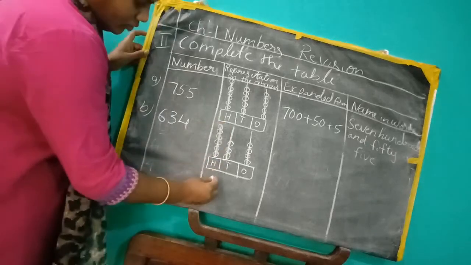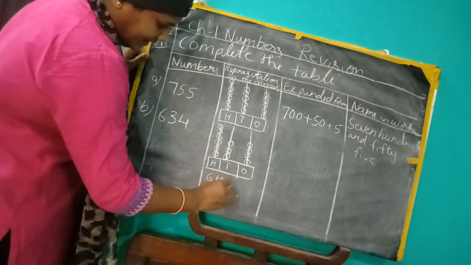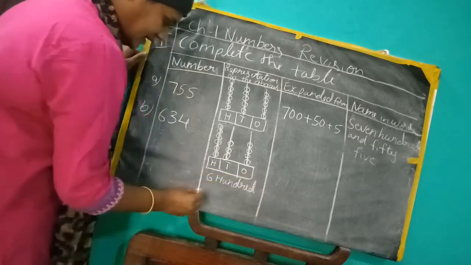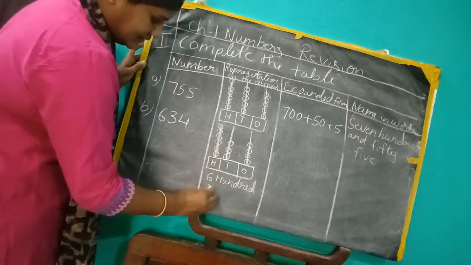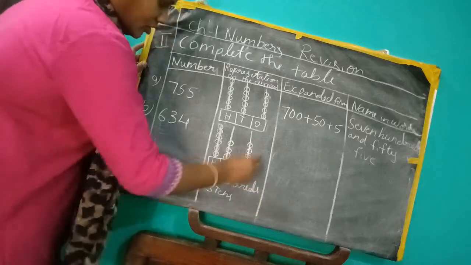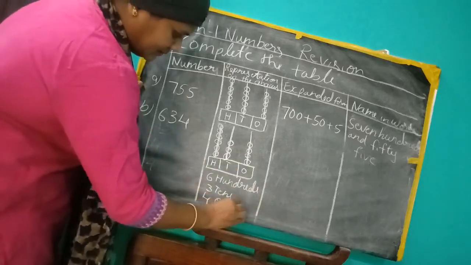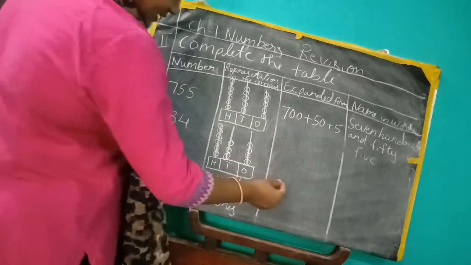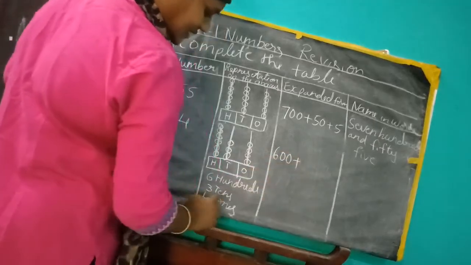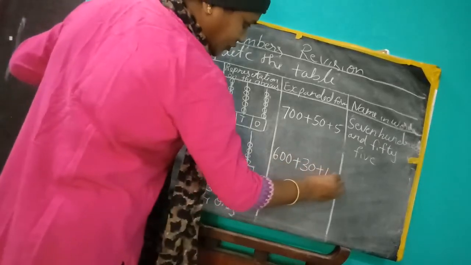Now, see, how many hundreds? 6 hundreds. Yes. How many tens? 3 tens. Yes or no? How many ones? 4 ones. Now, what is the expanded form? 600 plus 3 tens, 30, plus 4 ones, 4.